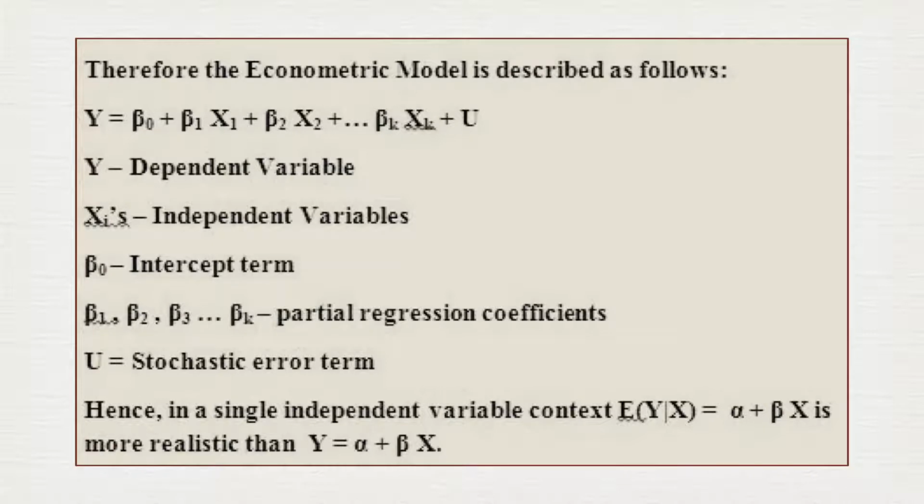Hence, in a single independent variable case, the expected y given x, or the conditional average of y, equal to alpha + beta x, is more realistic than y = alpha + beta x as in the regression analysis.